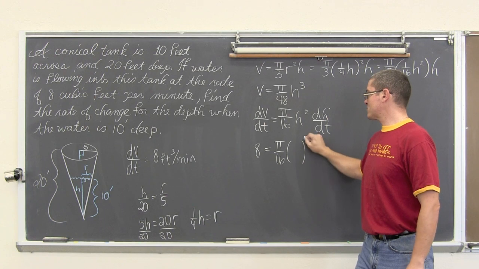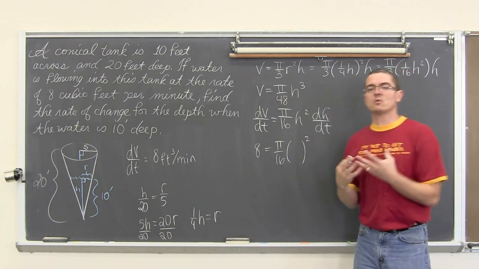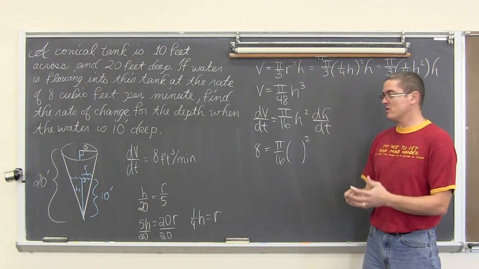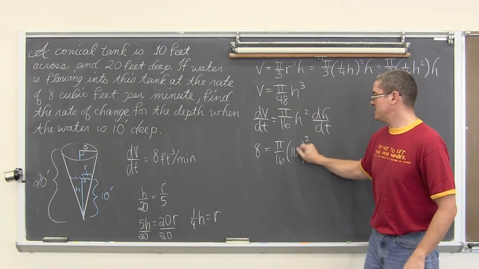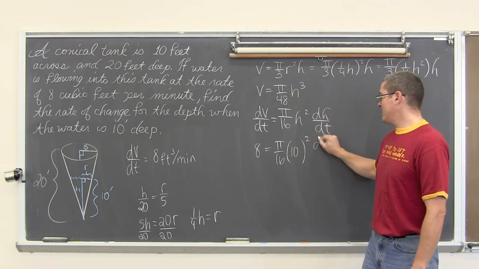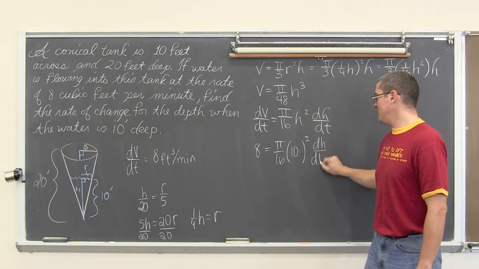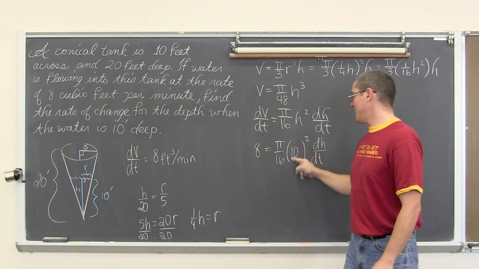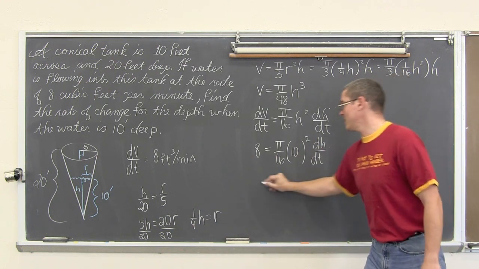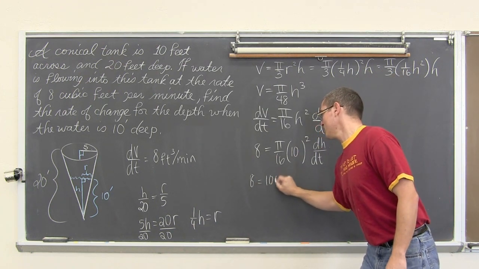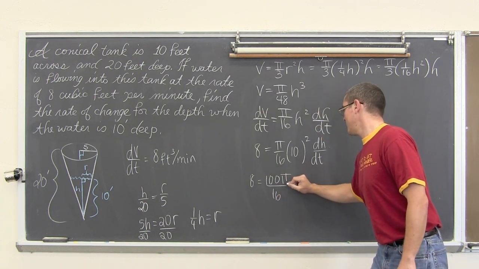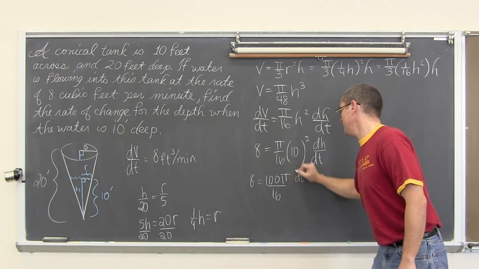We have pi over 16 times h squared. We're told we want to know the rate of change for the depth of the water when the water is specifically 10 feet deep. We have dh/dt, which is the rate of change of the depth. So we have 100, because that's 10 squared, so 8 equals 100 pi over 16 times dh/dt.